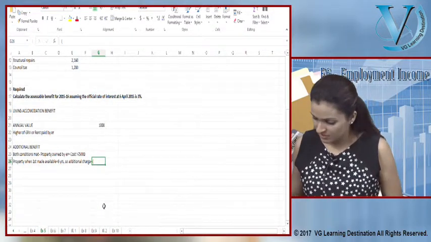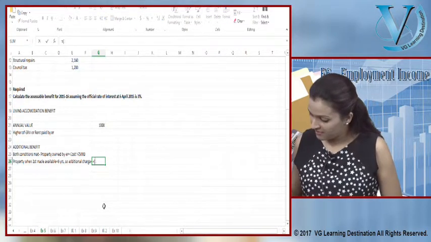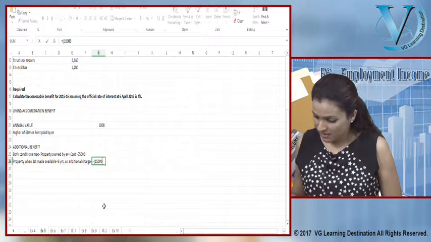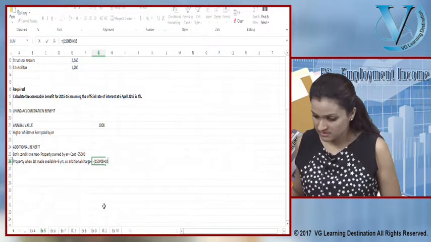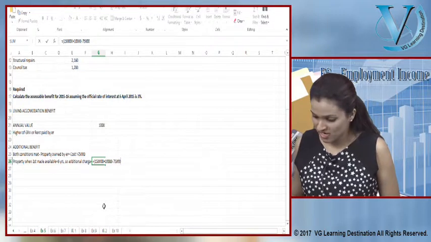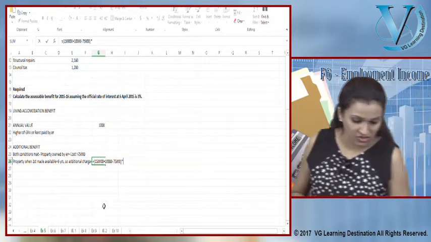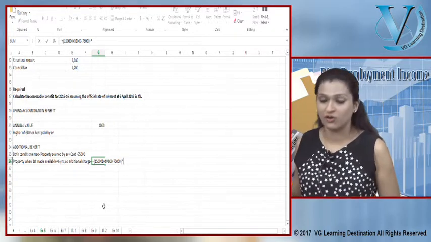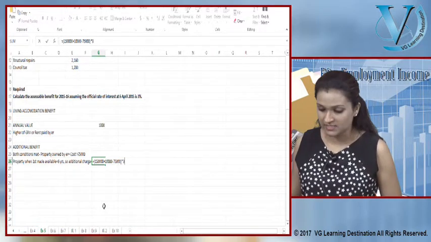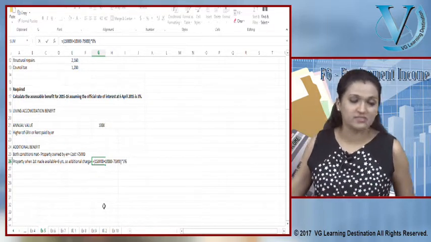Which comes out to be equal to 150 plus 10 minus 75,000, your threshold, multiplied by the rate given to us. It is given to be the official rate of interest as at the 6th of April 2016, which is 3%.